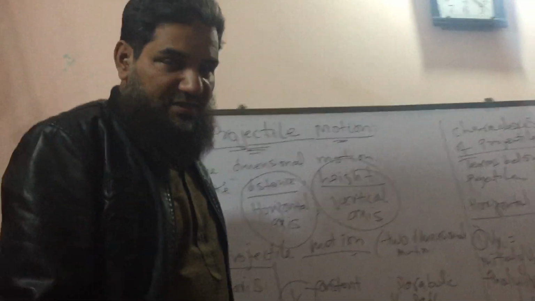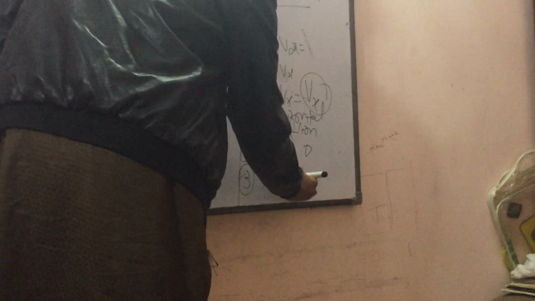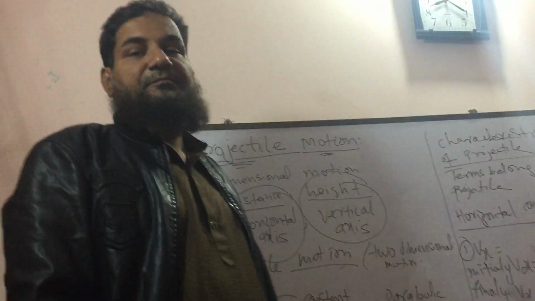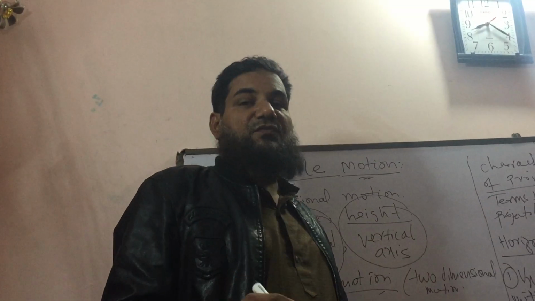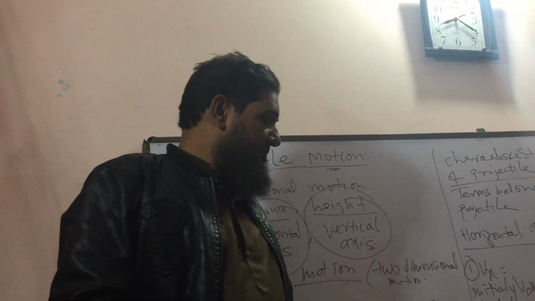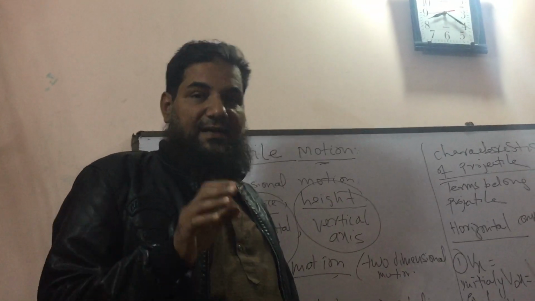The object covers a horizontal distance, which is x and is known as range. The distance x is known as the horizontal distance x.